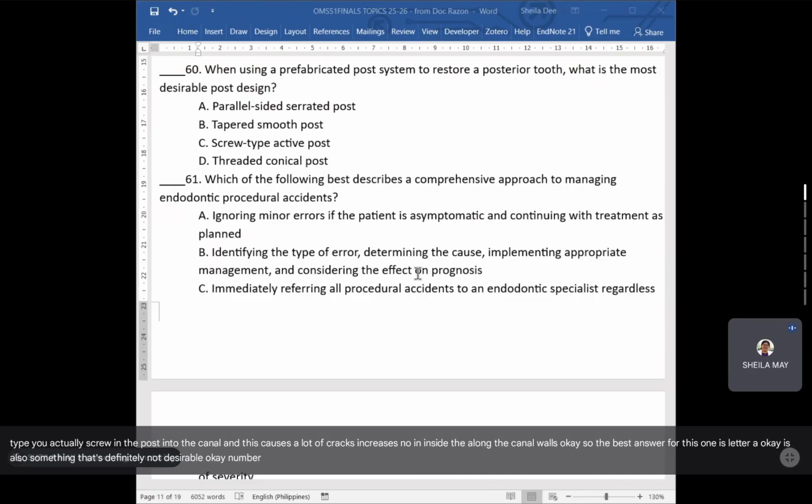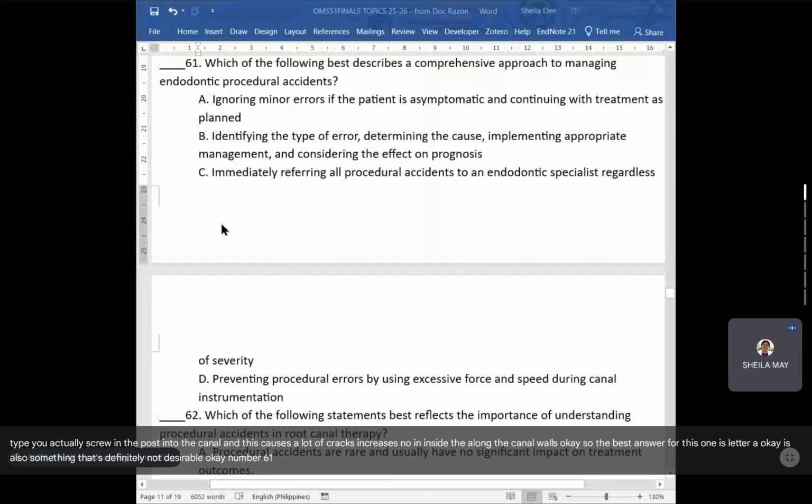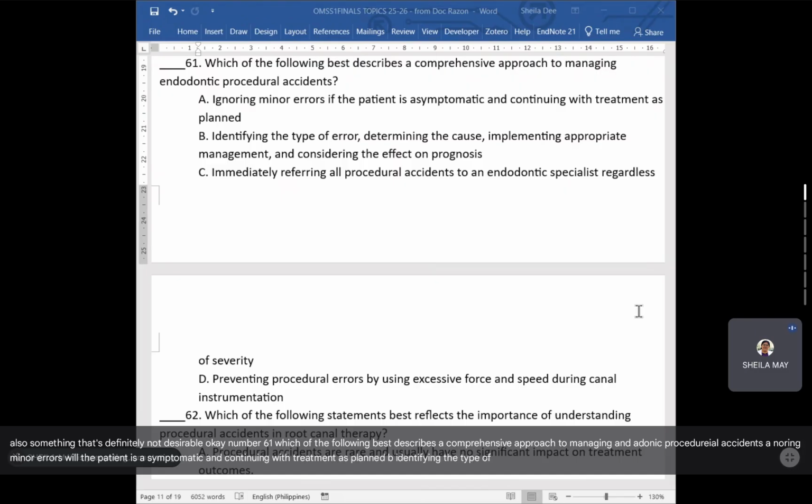Okay, number 61. Which of the following best describes a comprehensive approach to managing endodontic procedural accidents? A. Ignoring minor errors if the patient is asymptomatic and continuing with treatment as planned. B. Identifying the type of error, determining the cause, implementing appropriate management, and considering the effect on prognosis.